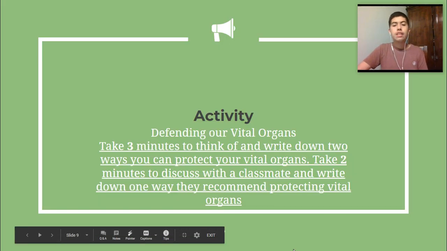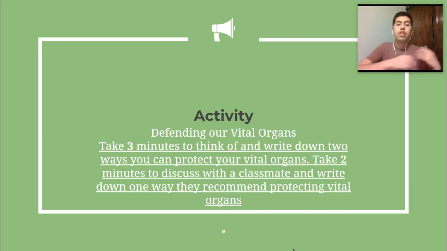So now we're going to do an activity where you're going to think about how we can defend our vital organs. Remember that it's very dangerous if we don't protect our vital organs, because vital organs are necessary for our survival. So take 3 minutes to think of and write down 2 ways you can protect your vital organs. And then take 2 minutes to discuss with a classmate and write down 1 way they recommend protecting vital organs.